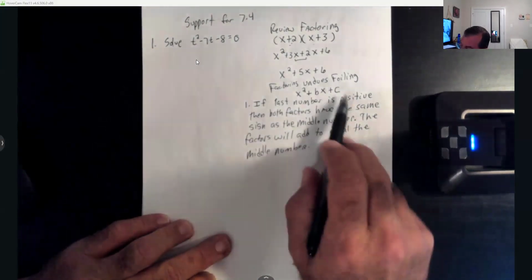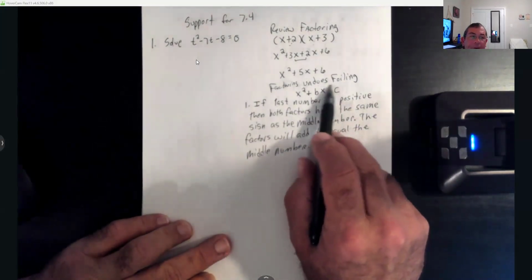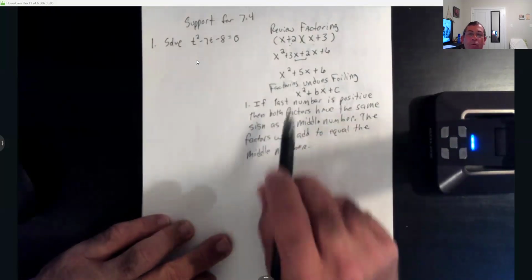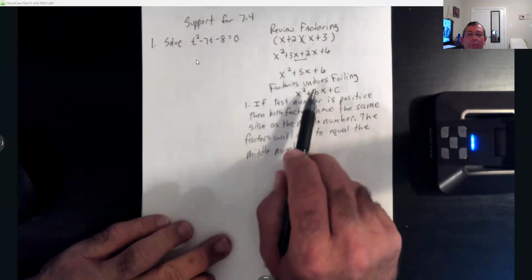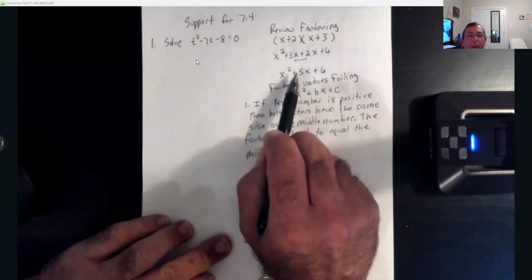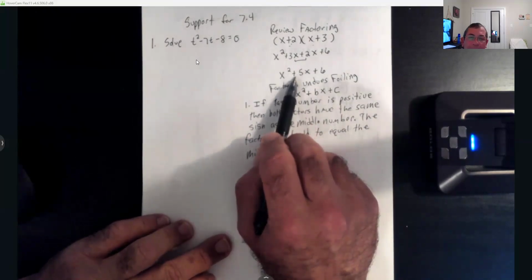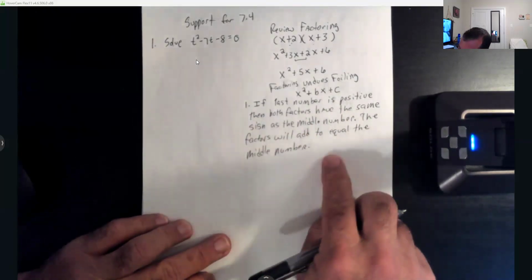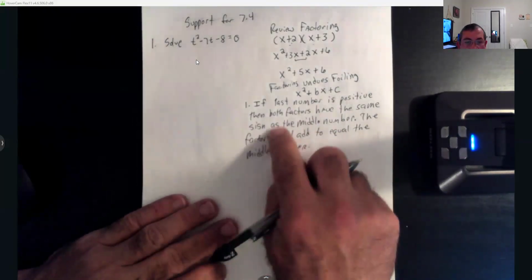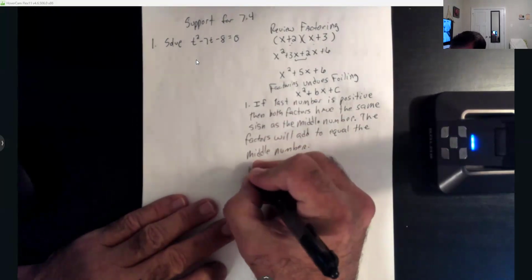So if the last number is positive, that's this C right here, y'all. If this C is positive, that means when you write both your factors out, both the factors will have the same sign as the middle number, which is plus on this one, okay? So those two cases would be this.